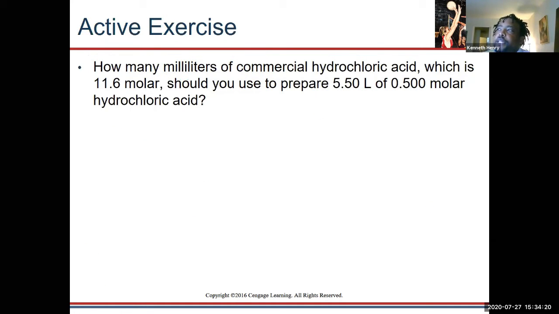Okay. So how many milliliters of a commercial hydrochloric acid, which is 11.6 molar, and that molar means moles per liter, could be used to prepare a 5.50 liter of a 0.500 molar hydrochloric acid?